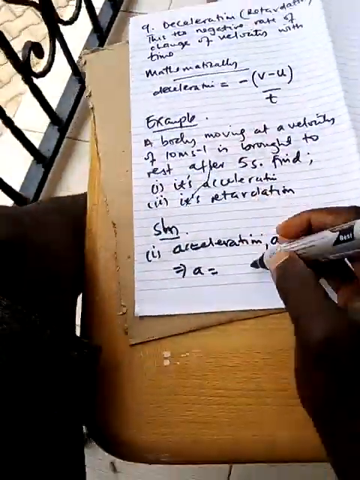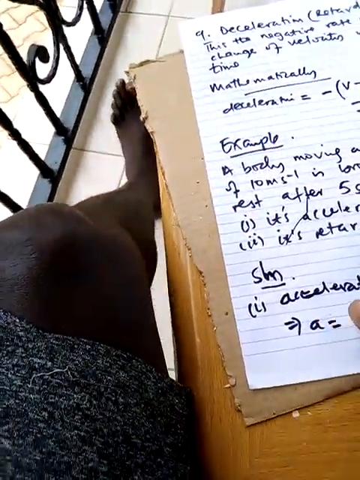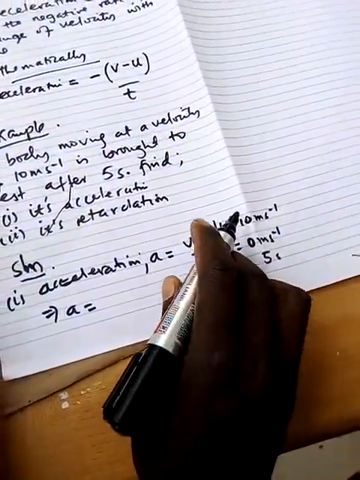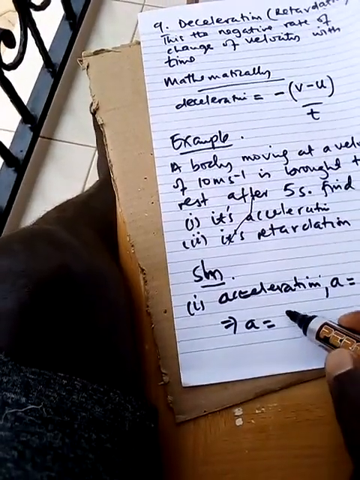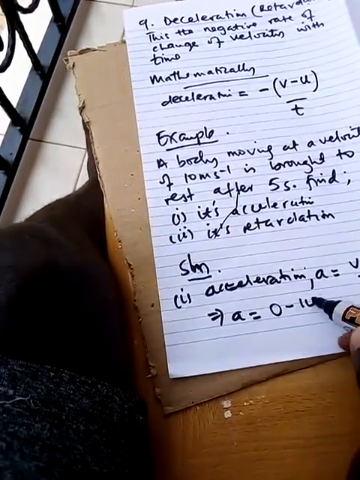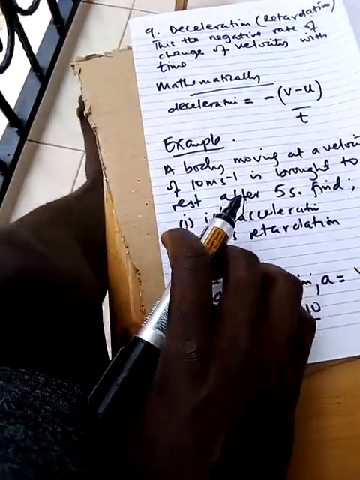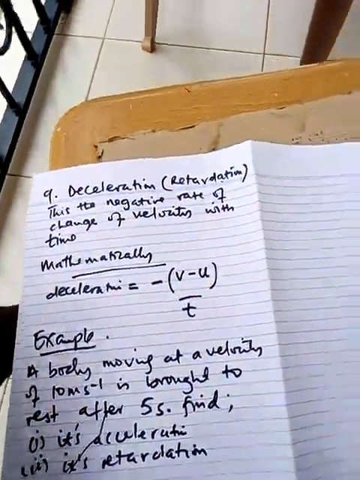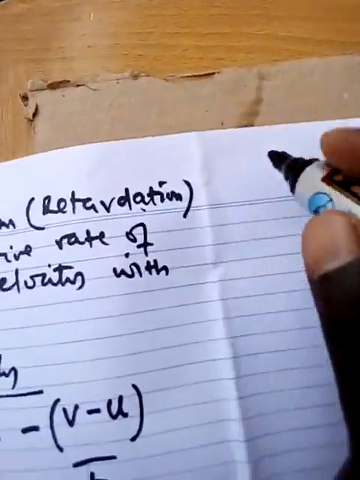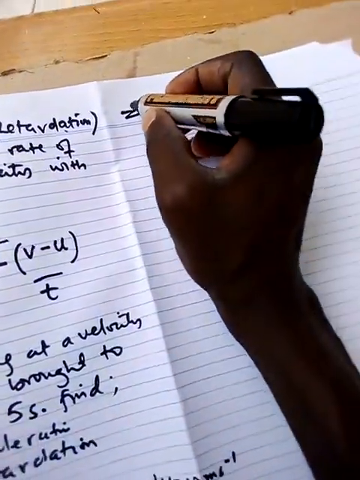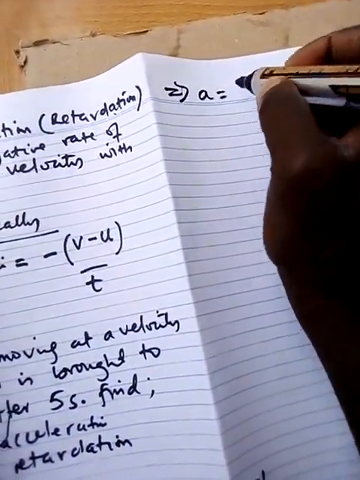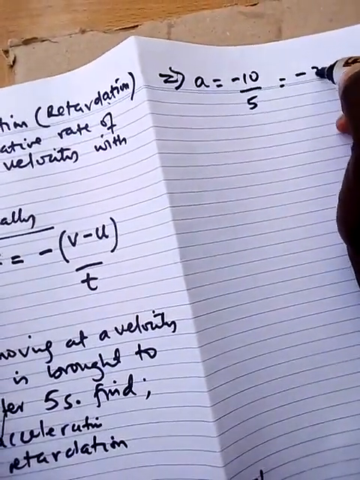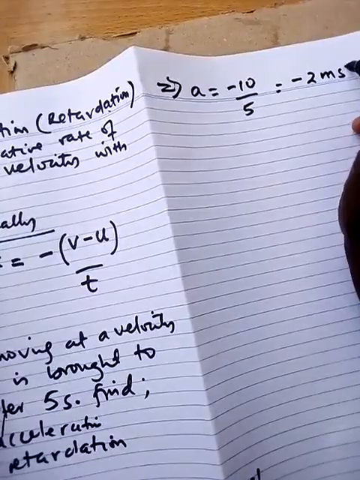So this would mean that our acceleration becomes final minus initial divided by time: 0 minus 10 divided by 5. When you look at it properly, this implies that your acceleration becomes negative 10 divided by 5, which is negative 2 meters per second squared.